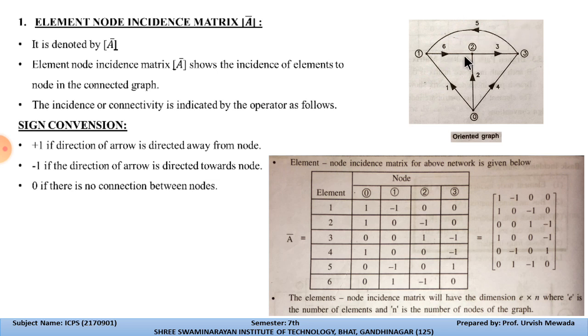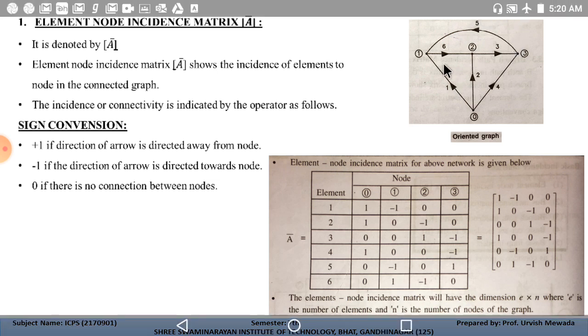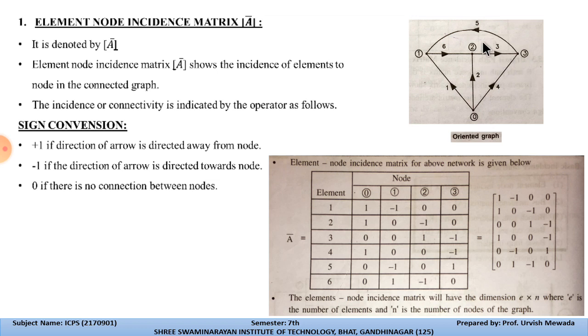You can select this direction randomly, or it may be given when you solve the example in the exam. As these directions are given, the connectivity of each and every line in the network is indicated by the operator, meaning the arrow. From that we can follow the path of elements.